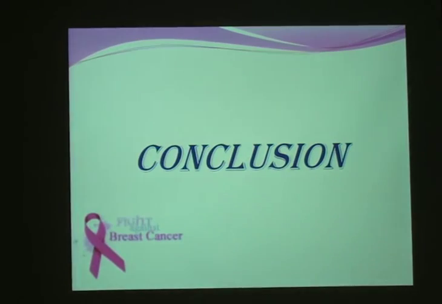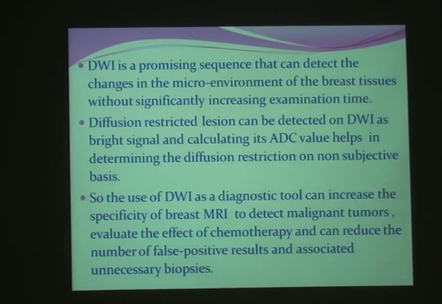So, conclusion, briefly. Diffusion-weighted imaging is a promising sequence that can detect changes in the microenvironment of breast tissues without significantly increasing examination time. Diffusion-restricted lesions can be detected on the diffusion-weighted signal. Calculating the ADC value helps to determine the diffusion restriction on a non-subjective basis.